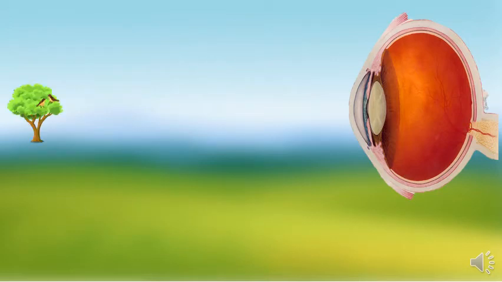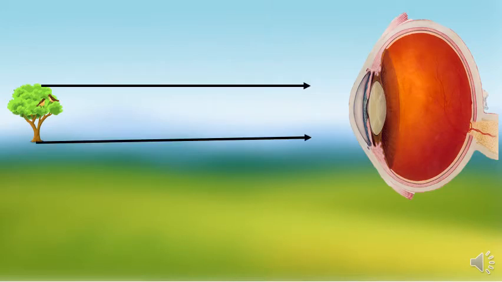If we are observing birds on such a tree, then the light from this tree, let us consider only two rays here just for understanding, are coming parallel and passing through the lens, and at some point they are crossing inside the eye, and then we see such kind of inverted image.